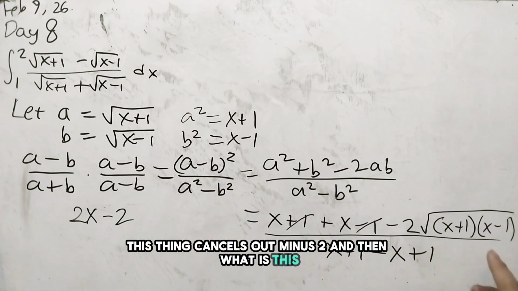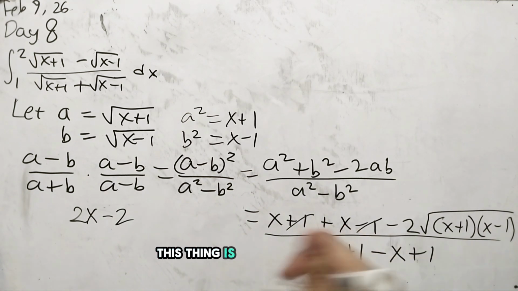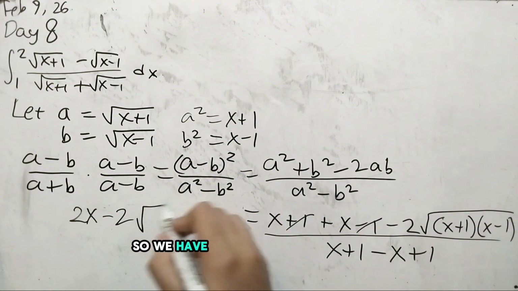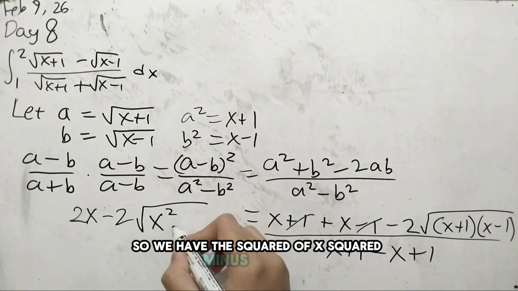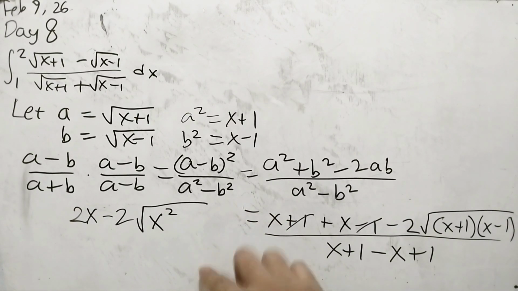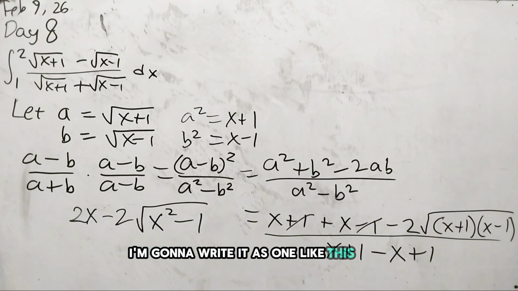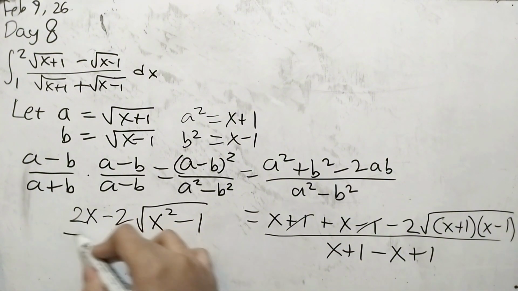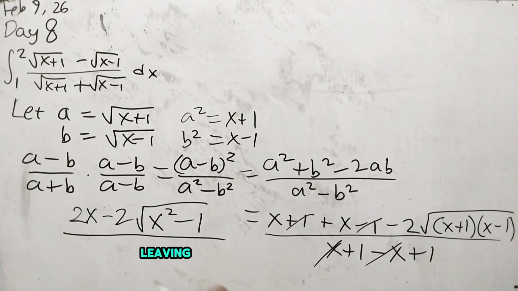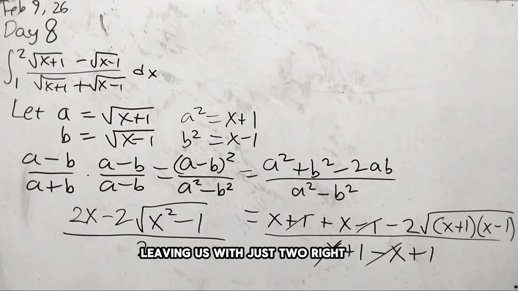And then what is this? This thing is just like this, right? So we have the square root of x squared minus 1 squared, or because 1 squared is 1, I'm just going to write it as 1 like this, over this cancels out, right, leaving us with just 2 right here.